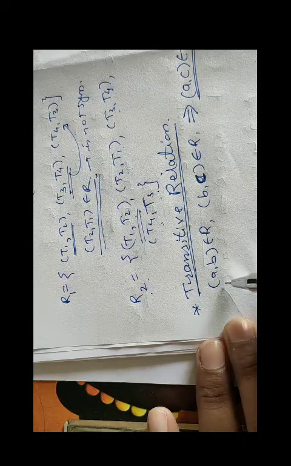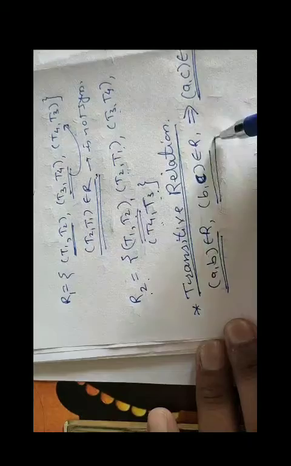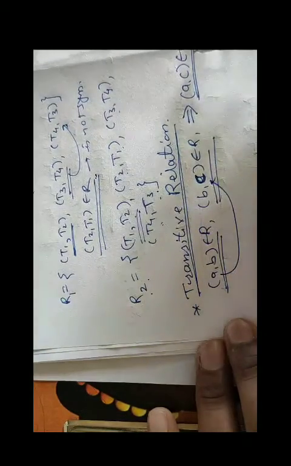So in relation R, if (A, B) belongs to R and (B, C) belongs to R, then (A, C) must belong to R.